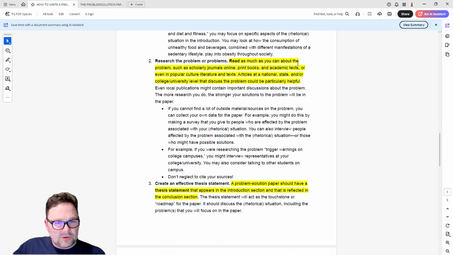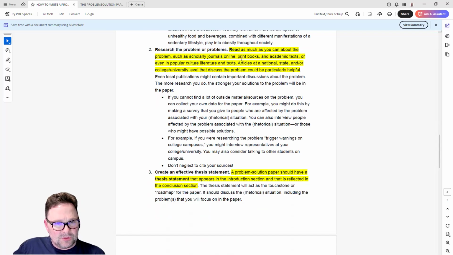And if you're not quite sure, you always talk to me, always ask me about this. But do read a lot. That's really the only way you're going to become even more familiar than you might already be with not only the problems but also potential solutions, getting ideas for solutions.